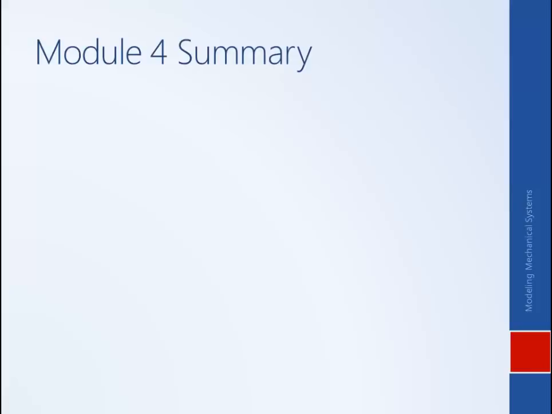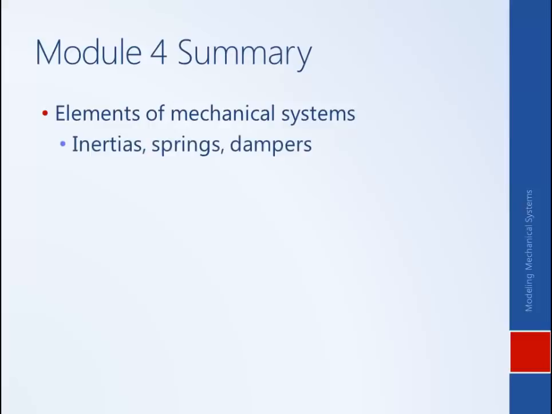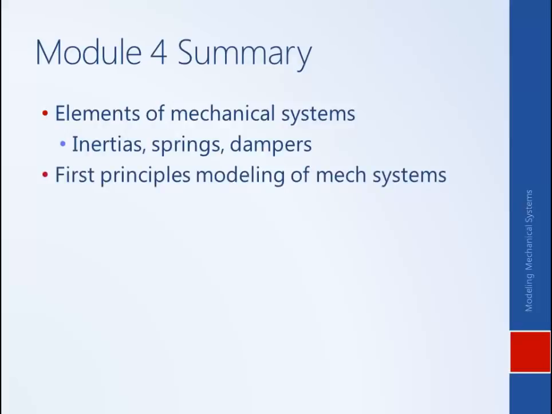This concludes Module 4. In this module, we looked at the modeling of mechanical systems. In particular, we studied the various elements of a mechanical system, inertia elements, spring elements, and damper elements, looking at how to model them. We then used first principles to determine the governing differential equation for a mechanical system.